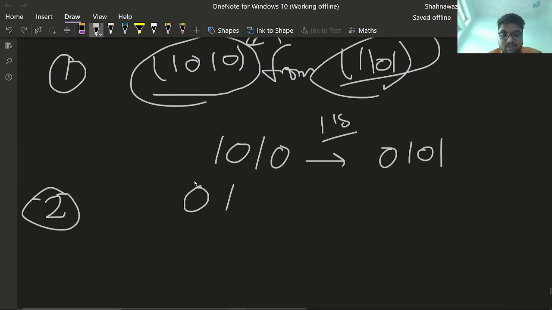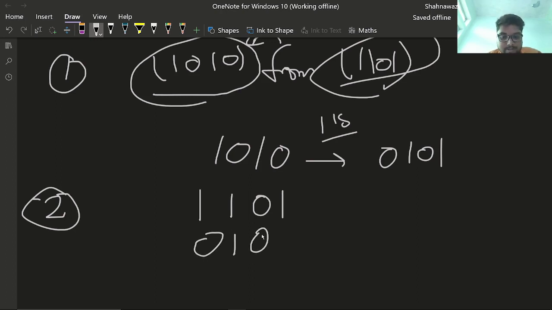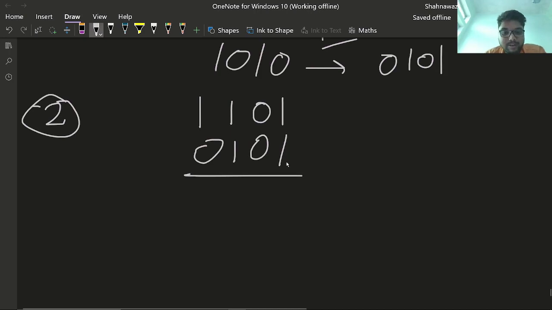First write the number from which we have to subtract, and then what we have to subtract. Addition rule: 1 and 1 give 0 and carry 1. Then 1 plus 0 gives 1, and then this 1 gives 1. So there is no carry ahead.